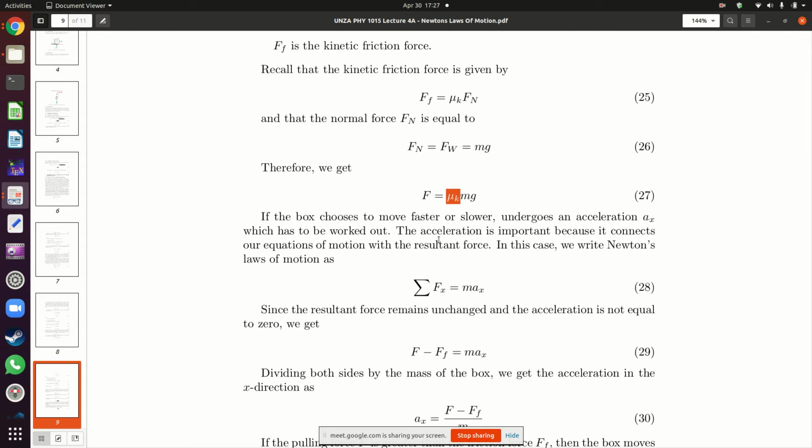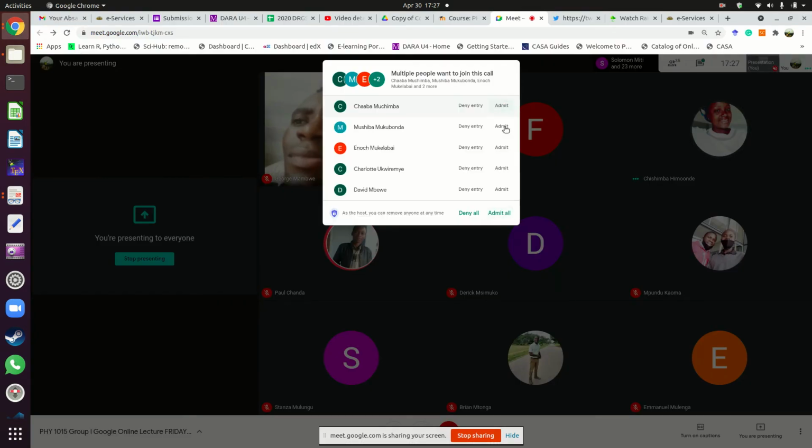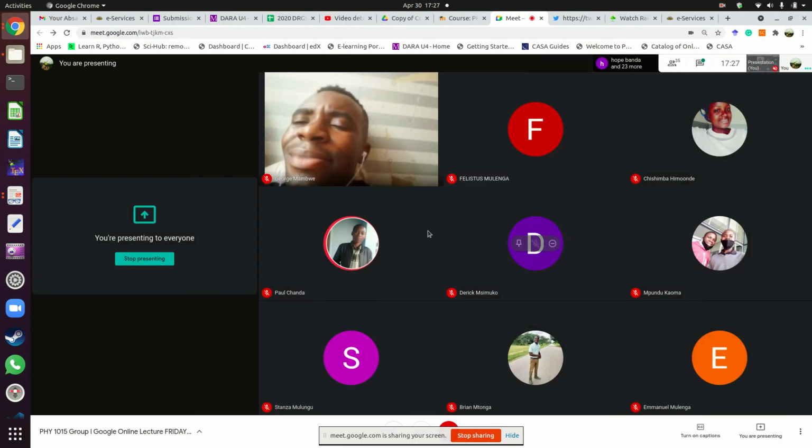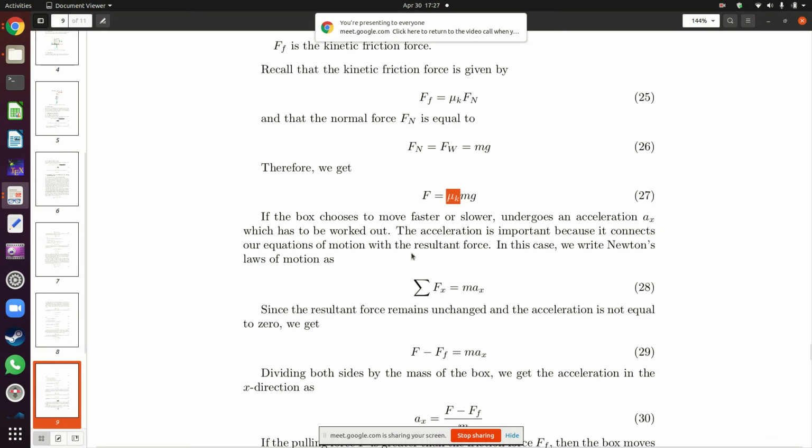Is there a difference between static friction and the one that you just spoke about? Yes, there's a difference. Static friction is the friction which an object has when it's not moving, and kinetic friction is the friction which an object has when it's moving. Usually, static friction is greater than kinetic friction.